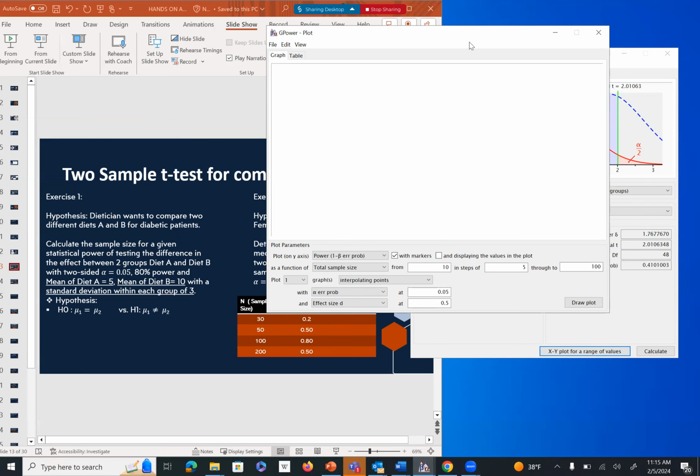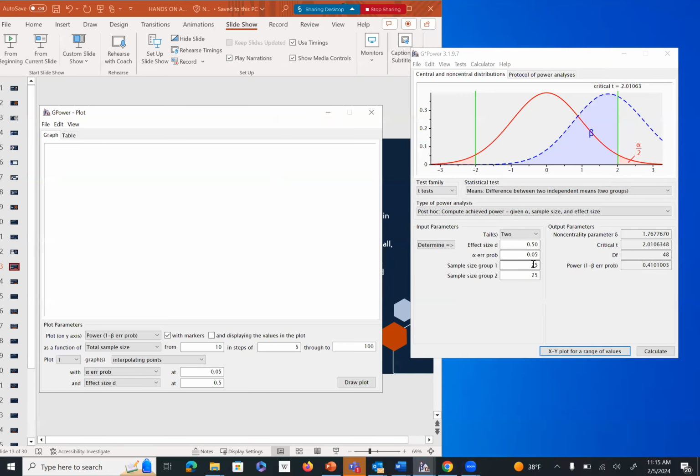Because you have 25 per group and you're looking to detect a medium effect size, you have only 41% power to detect significance in the difference between the means in the two groups. So this states that you might need to enroll more participants in your study.